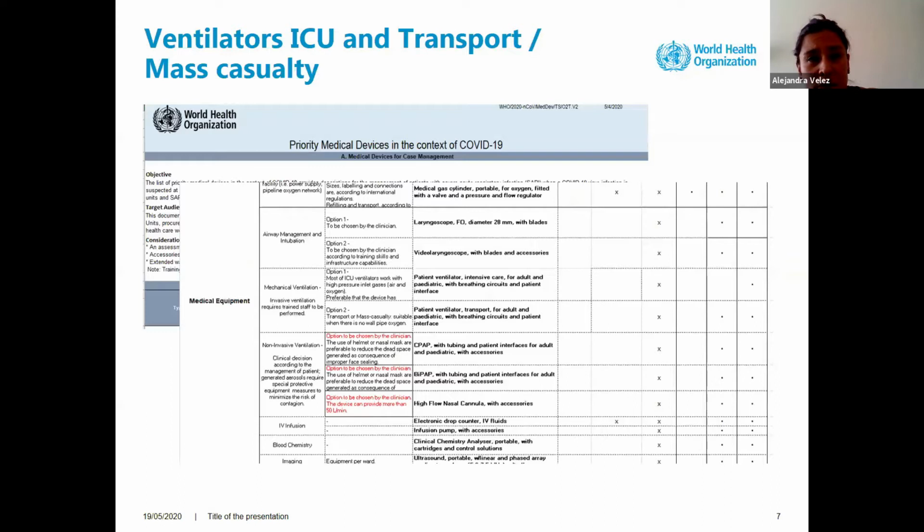Then, going through the specific process of the ventilators. The first thing, as you know, was to develop the priority list of medical devices that will be used for case management. This list includes everything in the ICU and for the severe and critical patients.